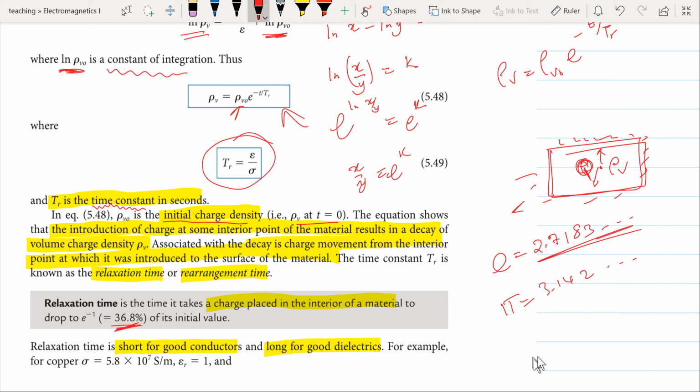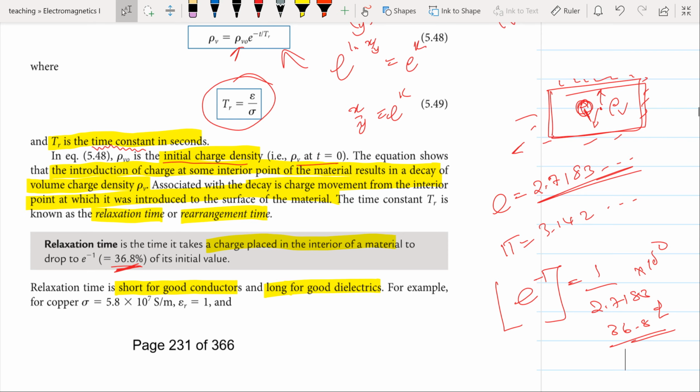So we are saying that if you take e to the minus 1, it is equivalent to 1 over 2.7183, times 100. We are looking at the percentage of this, and doing that very quickly, I get that this becomes 36.8%. So that is how we get this figure.